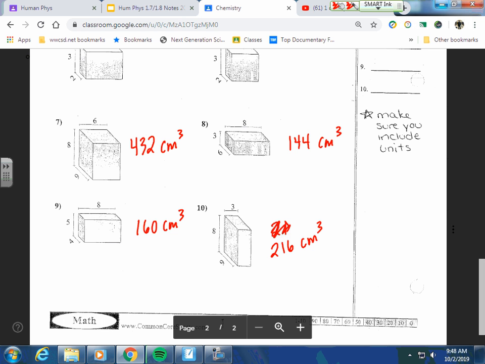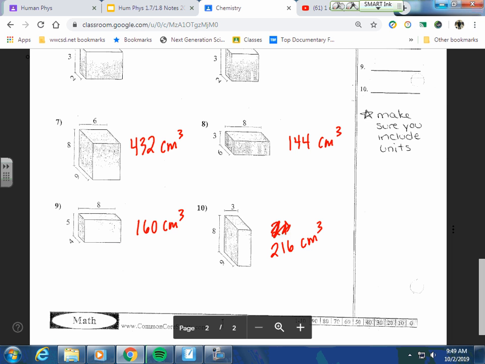Cool. So today we're starting the lab, and we are going to be doing volume measurements. But we're also going to have to use not just graduated cylinders, we're also going to have to use rulers. We're going to be measuring liquid volumes, but we're going to use regularly shaped objects so we can multiply the three sides.